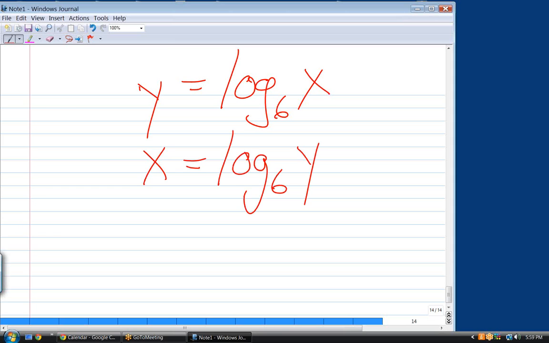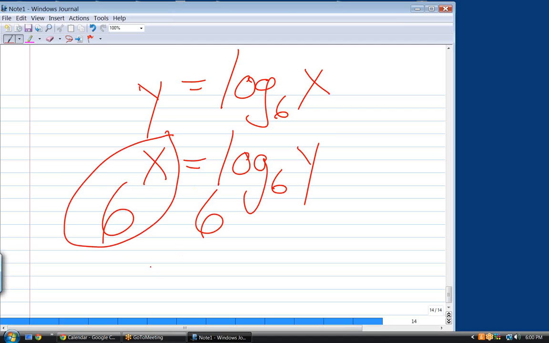You would divide both sides by log base 6. No, it's not dividing. It's exponentiating. And I wouldn't exponentiate both sides to log base 6. I would exponentiate both sides to the number 6. In other words, that's an exponential expression now. It's 6 to the x power equals 6 to the log base 6 of y.